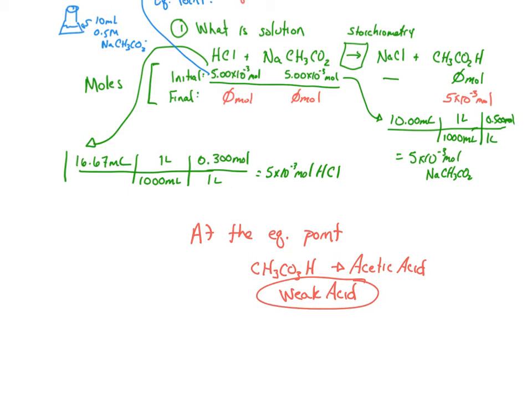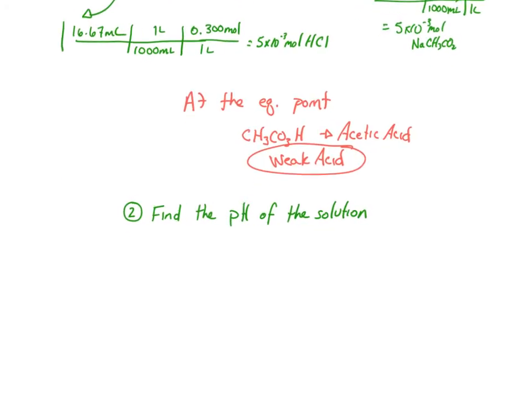So now, step 2 is going to be to find the pH of the solution. As we work through these titration problems, we are going to be seeing all the different ways that we can find the pH of solutions.